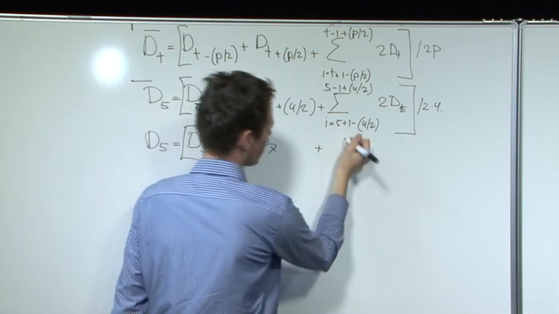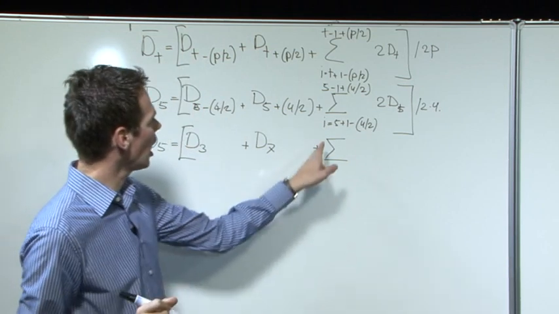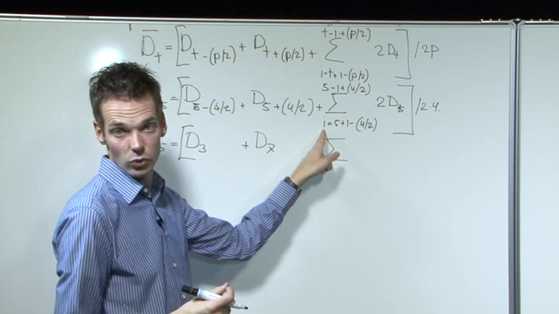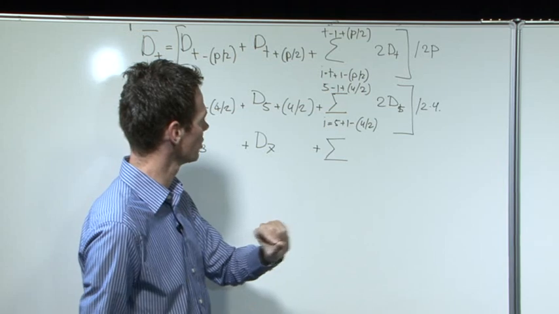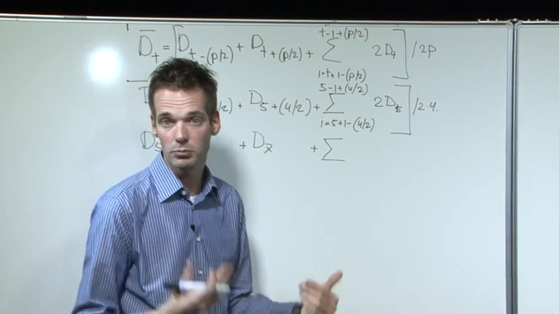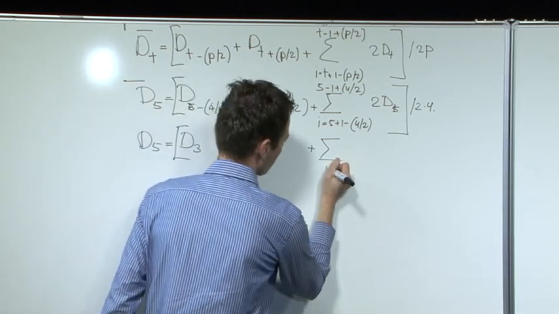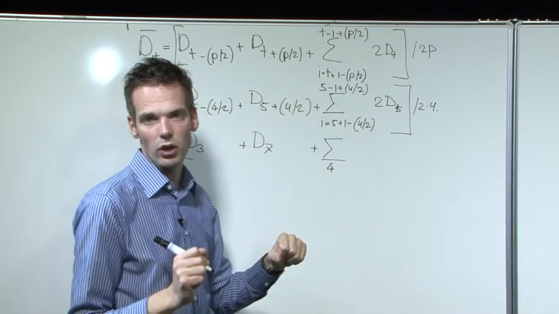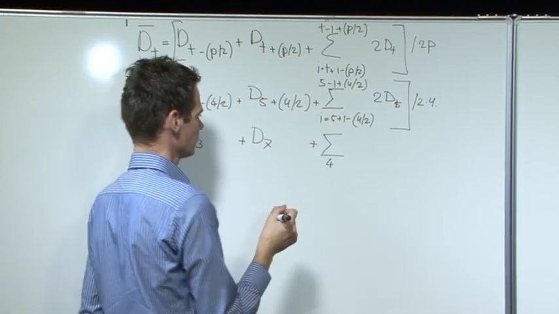Plus, I is the starting of the sum, it tells us that we have to start the summing of it. 5 plus 1 is 6. 6 minus 4 divided by 2, so 6 minus 2 is d4. 5 minus 1 is 4, plus 2 is 6.